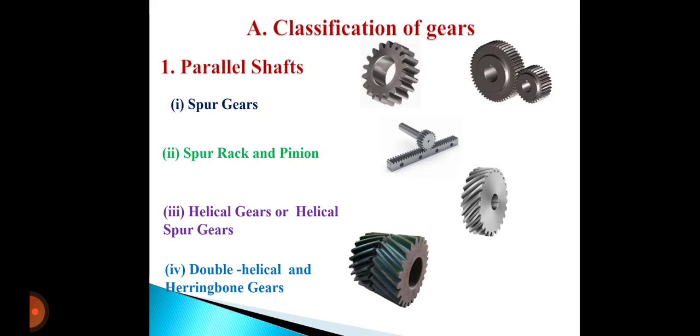The teeth of the two rows are separated by a groove used for tool run out. The axial thrust which occurs in each of the single helical gears is neutralized in double helical gears. So, these are used in transmitting torque between parallel shafts.